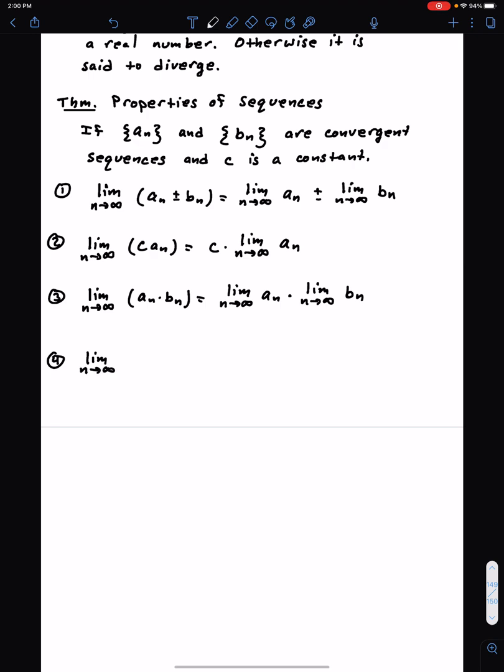The limit as n approaches infinity of the quotient of two sequences, a sub n divided by b sub n, is equal to the limit as n approaches infinity of a sub n divided by the limit as n approaches infinity of b sub n, provided that the limit as n approaches infinity of b sub n is non-zero.